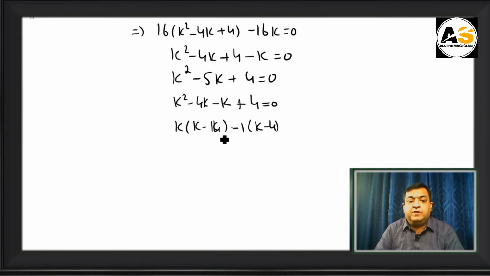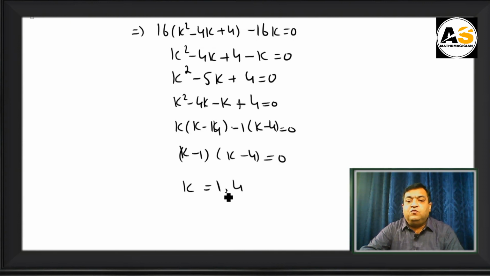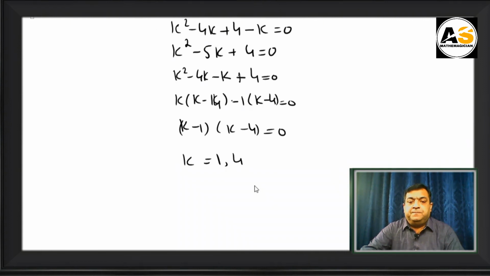This is 4 over here. So we get two factors, (k minus 1) into (k minus 4), which gave us k is equal to 1 and 4. So these are two values of k for which the original equation will have equal roots.